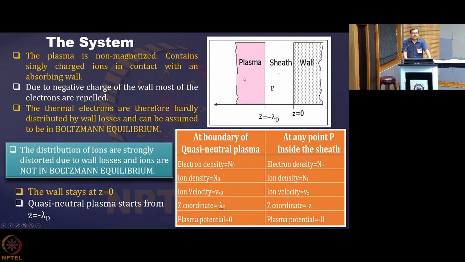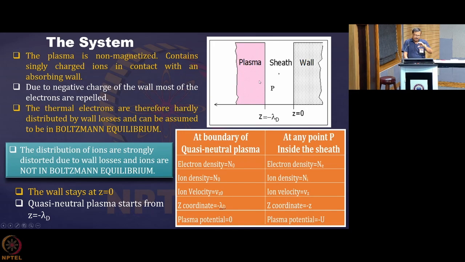And in fact, to maintain the charge neutrality, that is the same number of electrons and ions reaching the wall, an additional electric field is needed, which will attract the ions so that they can compete with the faster electrons, and finally the net charge that is reaching the wall is the same, because electrons will be moving very fast anyway over there, but ions are not able to move as fast.